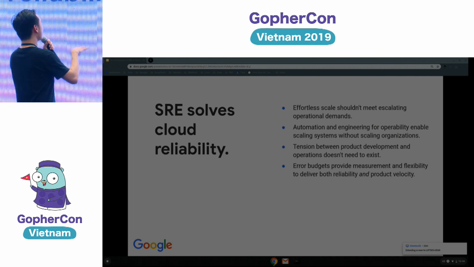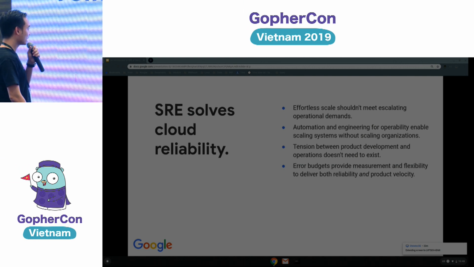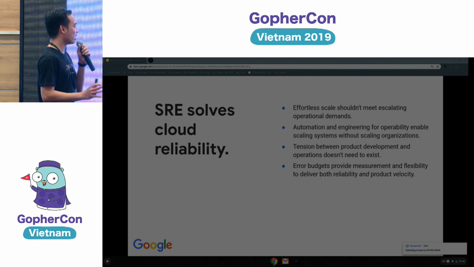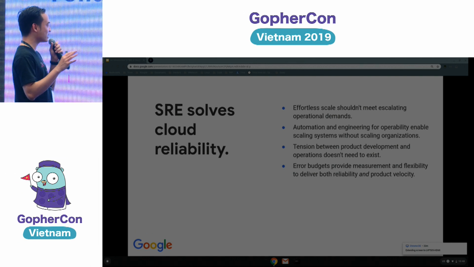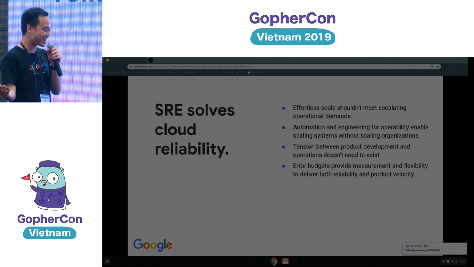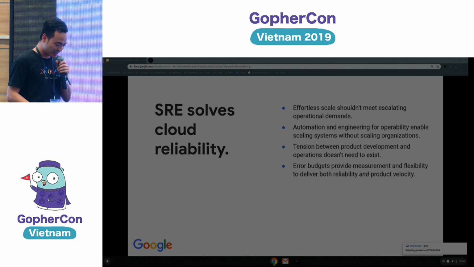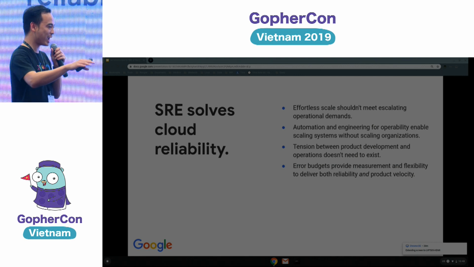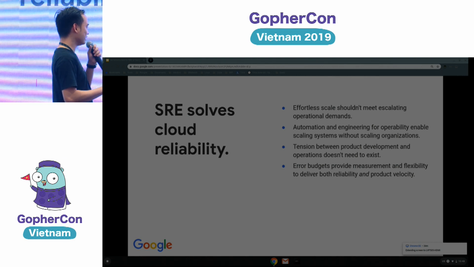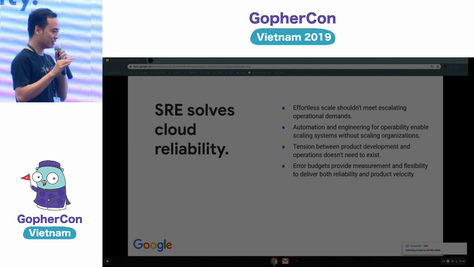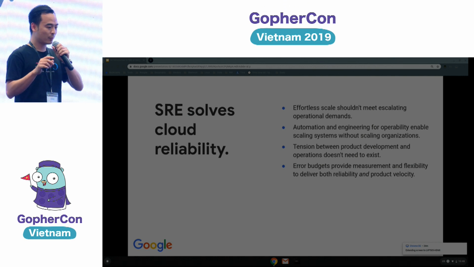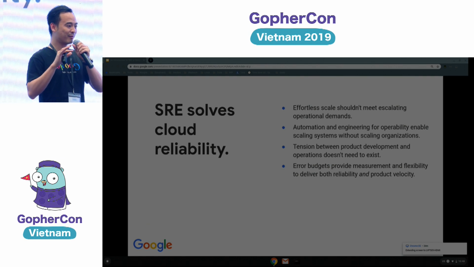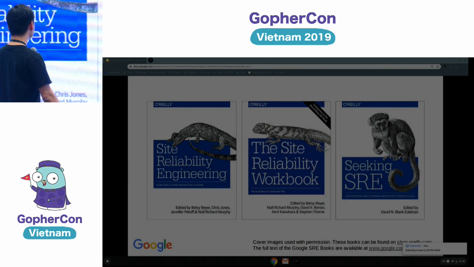Scale will not meet the operational demands; automation engineering enables scaling the system without scaling the whole organization and so on. And the error budget is very powerful to help you measure reliability, and also to make sure that the development velocity is maintained and so on.